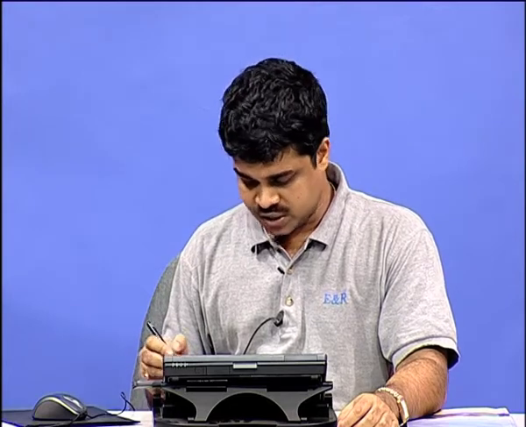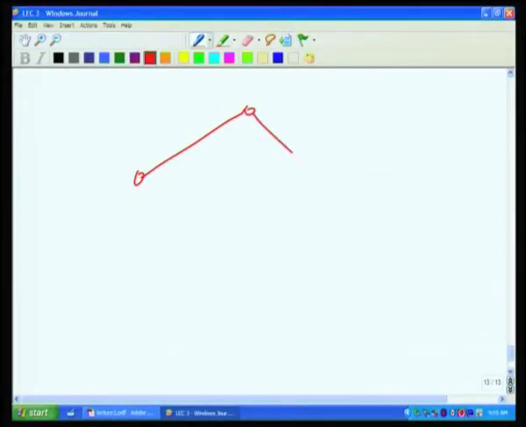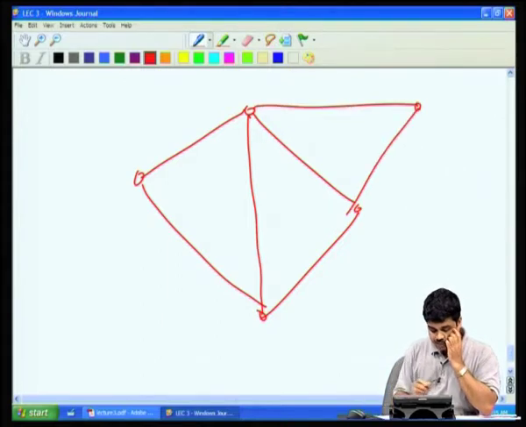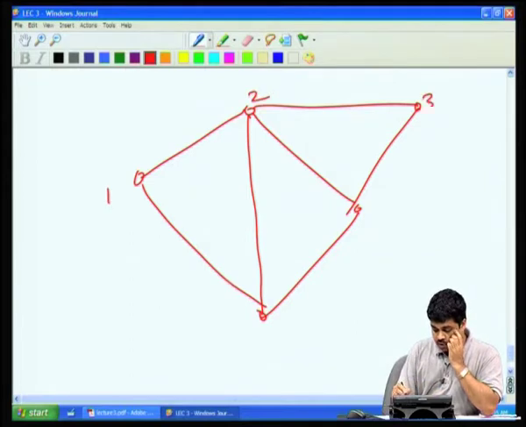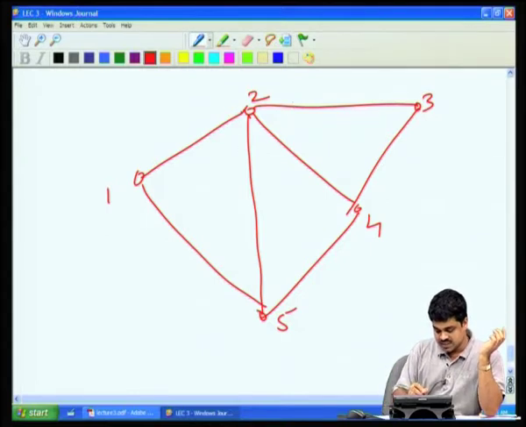An Euler tour means, you consider a graph. So here is a graph. You can consider these are all roads, these edges correspond to some roads, and some car is starting a trip from here.